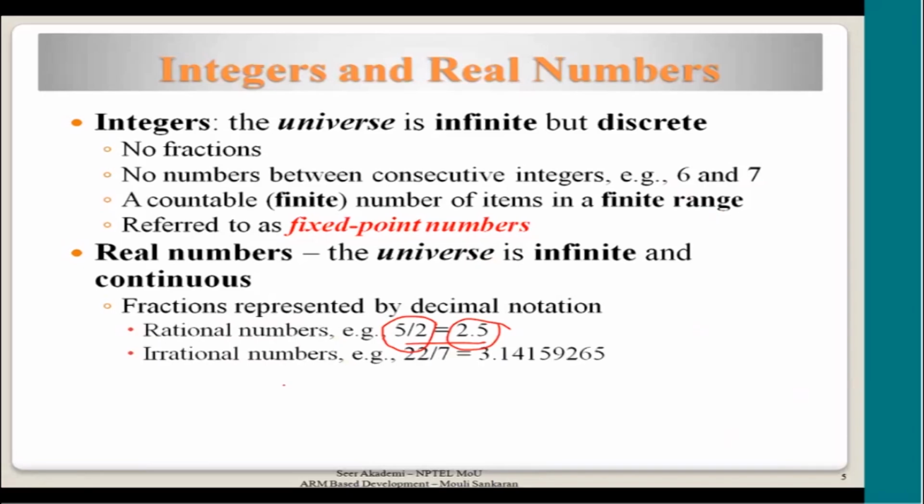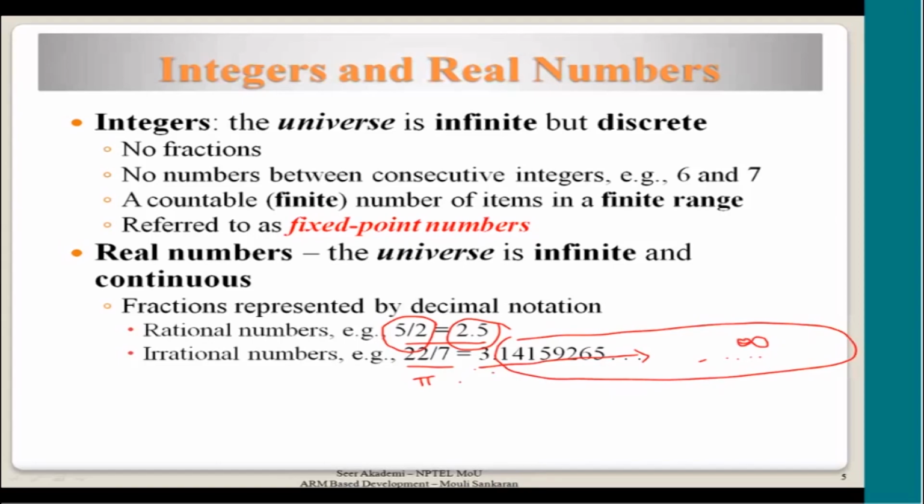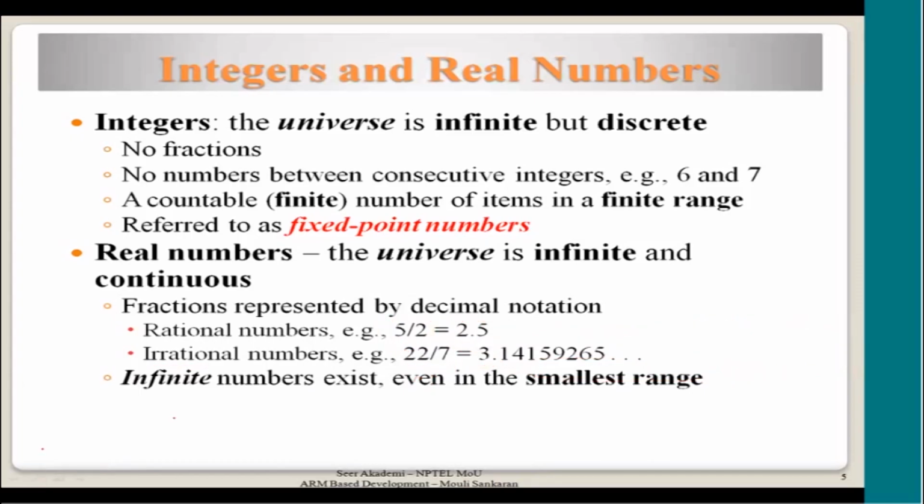Now what are irrational numbers? A typical very popular example is pi, which can go on infinitely, while 22/7 is only an approximation. There are some competitions to remember the number of digits after the 3, okay. There are infinite digits after this. It's called an irrational number. So what I mean to say here is that infinite numbers exist between two real numbers, even if it is the smallest range.